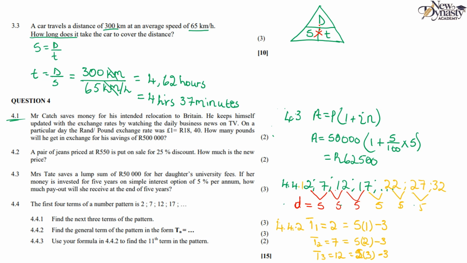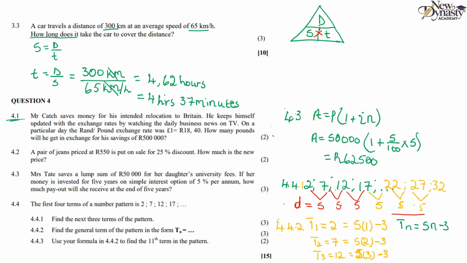So you can see that for every term number here, you're always having 5 multiplied by the term number, and then from there you subtract 3. So our Tn is always going to be 5 multiplied by the term number. In this case our n is the term number, so instead of those numbers you just put n, then you only subtract 3, and that is going to be your general term.